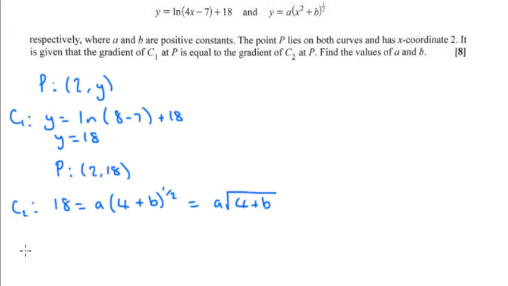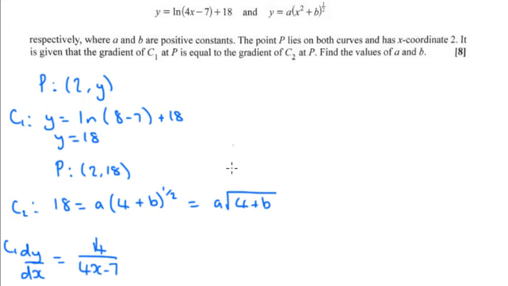So let's do dy by dx for C1. If we differentiate a natural log, we can use the chain rule on this. We're going to get 1 over 4x take 7, but times by the differential of this, because we've pretended it's an x, so that's going to be timesing by 4, so it's 4 over 4x minus 7.